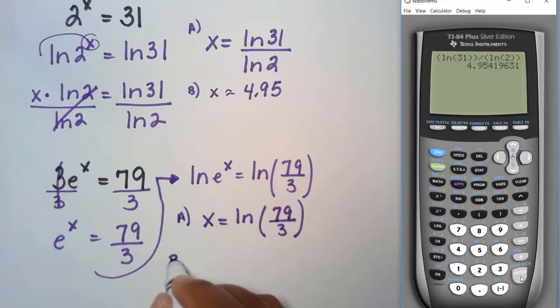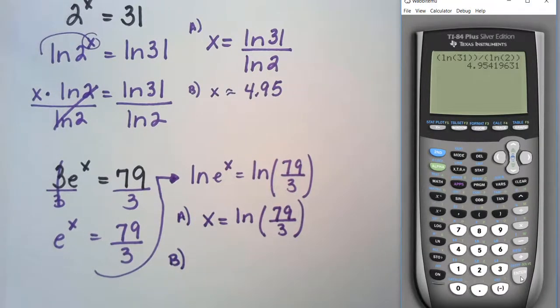Now we want to find its approximation. So this is where we're going to use our calculator. So I'm going to clear this part. And let's go ahead and do ln of, since the 79 over 3 is all one fraction, we just need to write it as such.